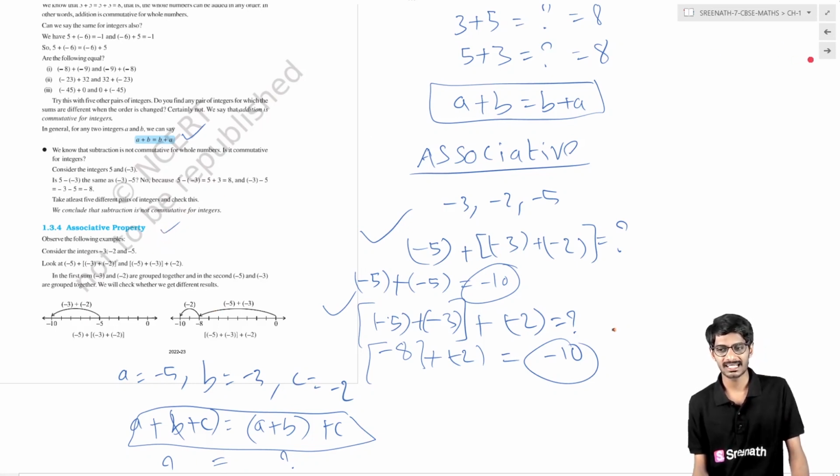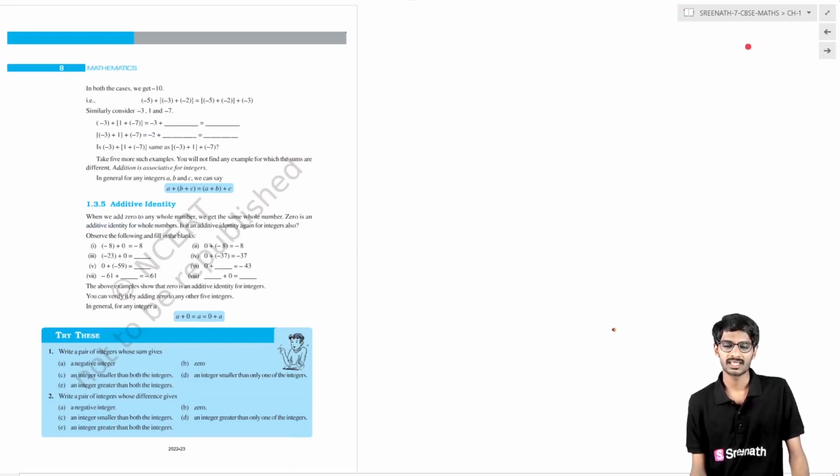Okay, can you understand it? Then if a plus (b plus c) is equal to (a plus b) plus c, we call it the associative property. You will not find any example for which the sums are different. Addition is associative for integers. For integers, addition follows the associative property.